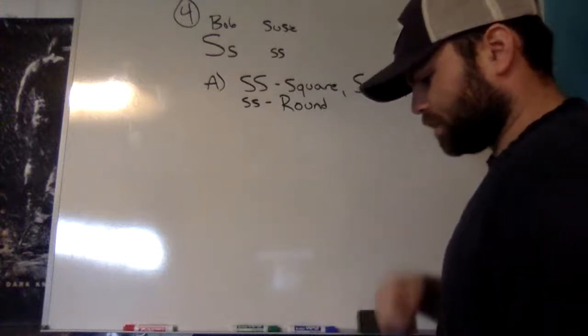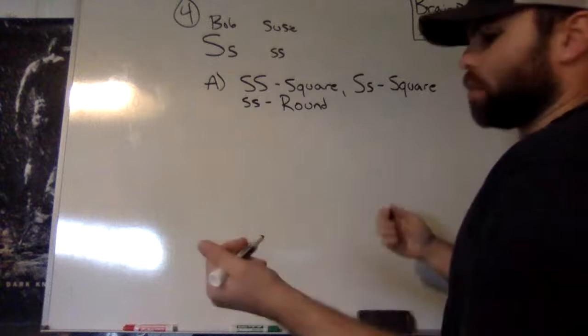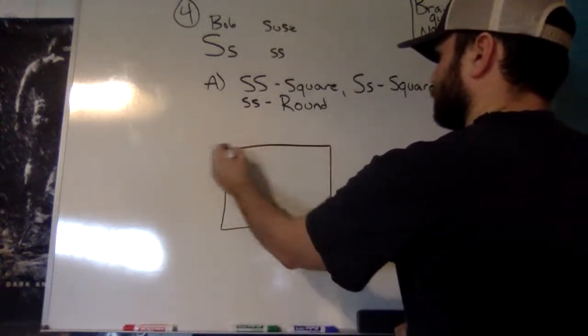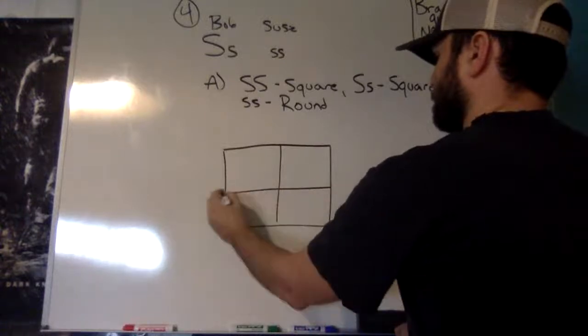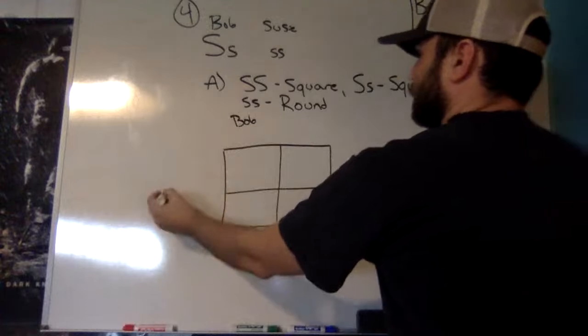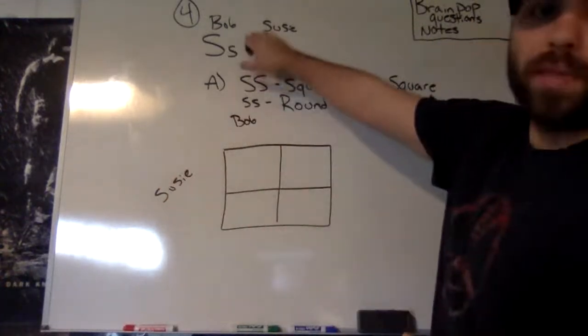So what are the chances that the child with this square shape, okay? So what we have to do is we actually have to make our Punnett square, okay? So we're going to put SpongeBob up here. We'll put Susie over here, okay? And we bring down what they gave us.